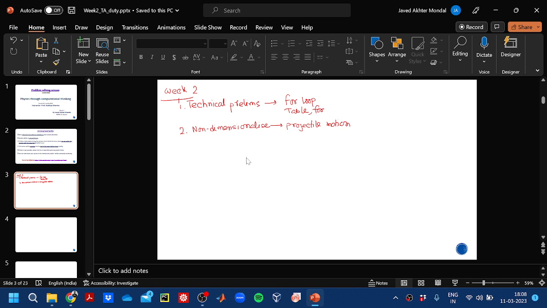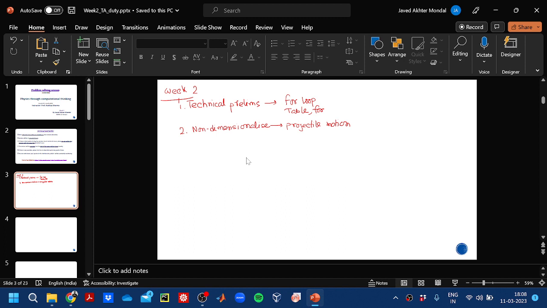In this second week's tutorial, first I will talk about the technical things that we have learned this week: the use of the For loop, and when it is convenient to use For or Table. After that, I will talk about a problem on projectile motion, and how to non-dimensionalize the equation that you get.